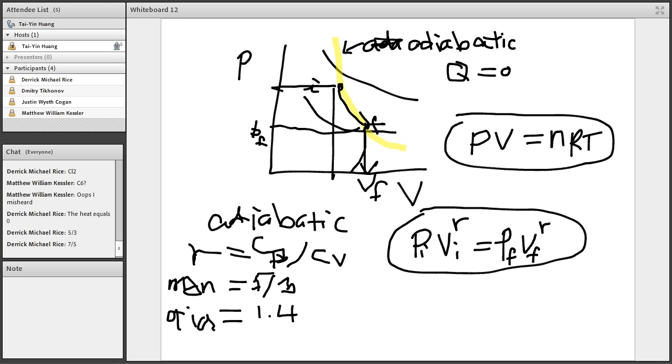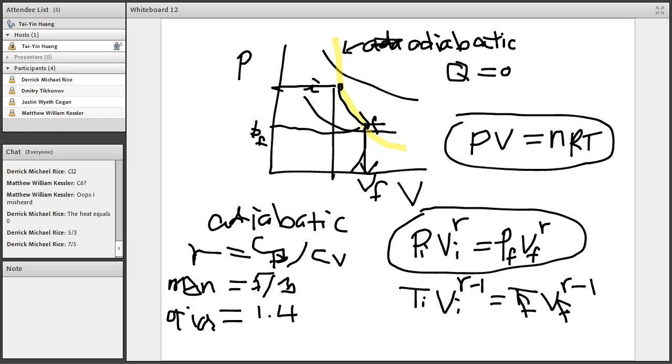And then if you express pressure in terms of volume, there's another equation that can be used as well, which is the initial temperature times the initial volume to the power gamma minus 1 is equal to your TF times VF to the gamma minus 1. Okay?